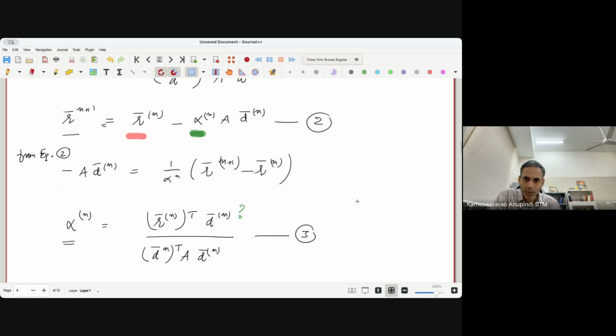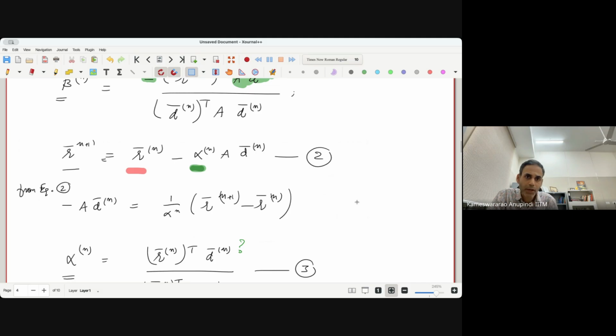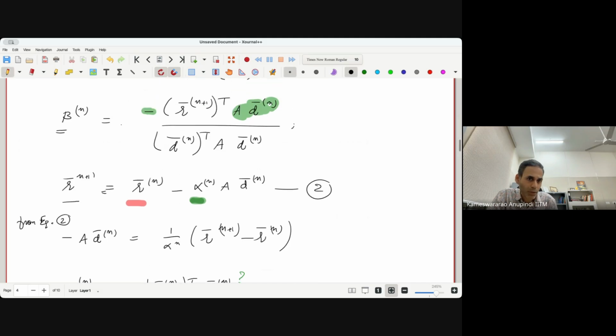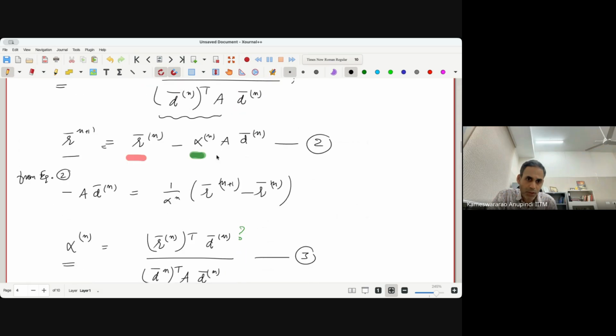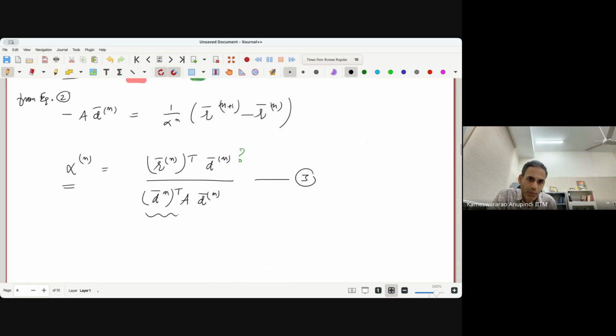From equation 3 we have this quantity, d_n transpose A d_n. I want to write d_n transpose A d_n times alpha_n. So this is going to be alpha_n times d_n transpose A d_n equal to R_n transpose d bar_n. Okay, that's what I have written.